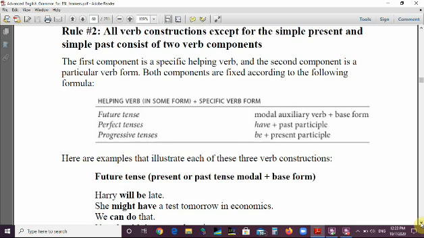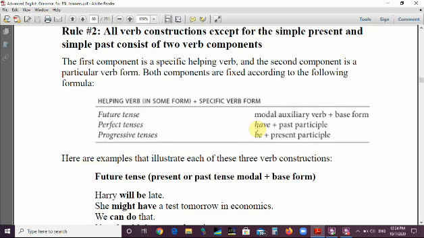For example, present progressive: he is running. Past progressive: was running. Present perfect: has eaten. Past perfect: had eaten. And so on. Okay? So the first component is a specific helping verb in any verb phrase, and the second component is a particular verb form.